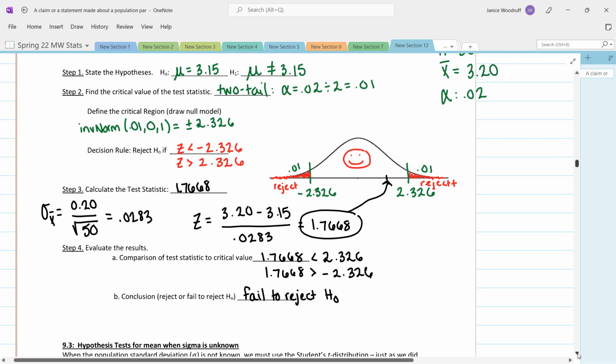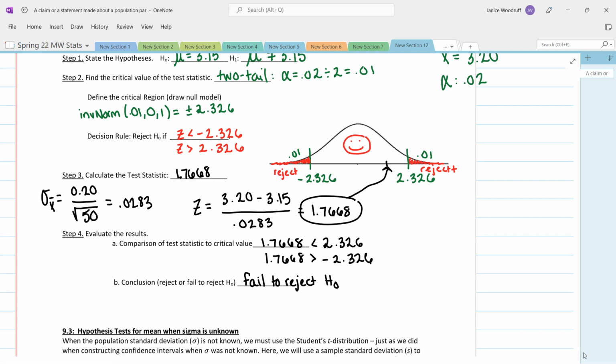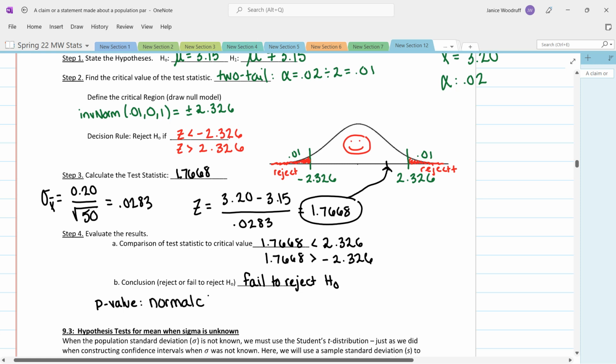Okay, we do want the p-value for this, so the 1.7668 is to the right of 0. So for the p-value, we would go normal CDF, and we would want to go to the right. So we would go 1.7668 and then positive 99.